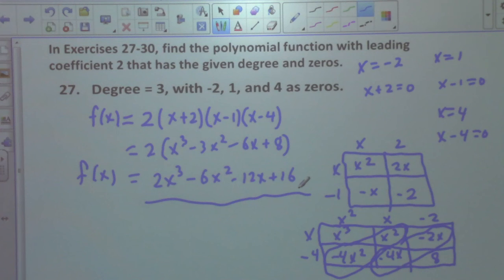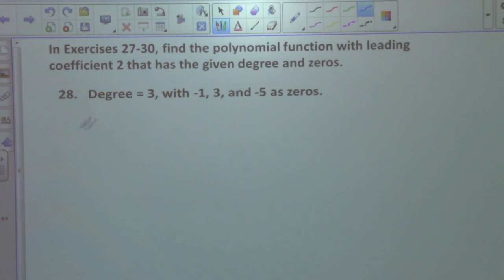Is that working out for us, Jana? Yes. Okay, good. Thank you, ladies. What I want you to do now is number 28. It should take you a couple minutes, and I'll pick on somebody for 28. We'll probably get through 28 today.